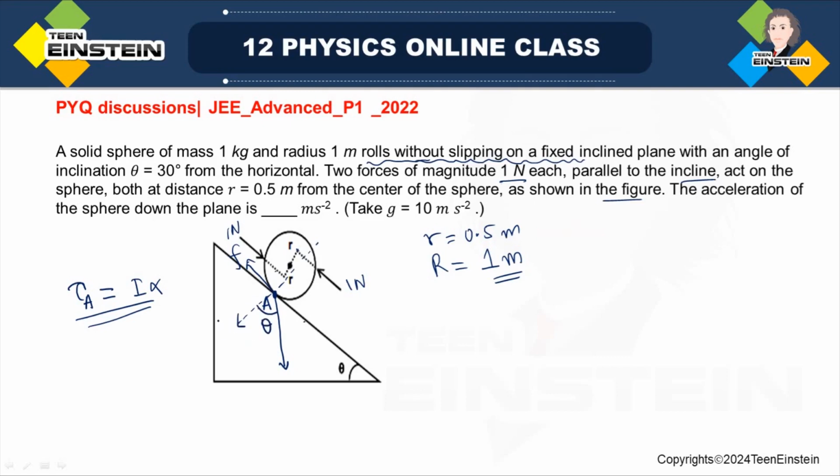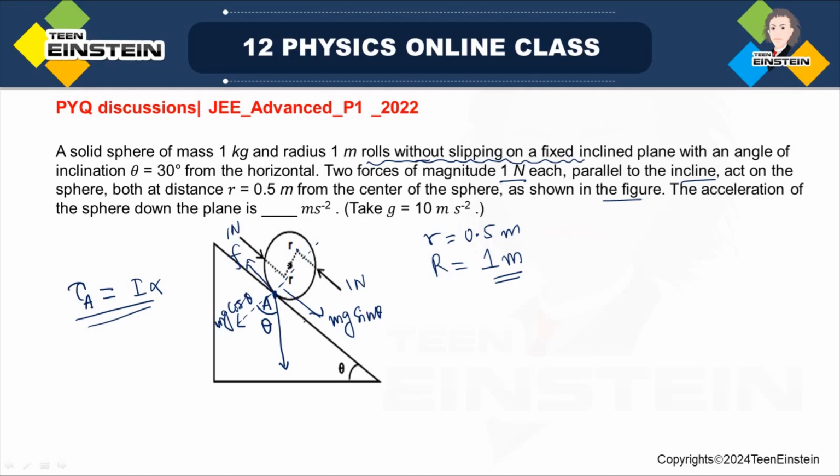So this side it will be mg cos theta, and there will be a force acting parallel to the inclined plane, that will be mg sin theta.